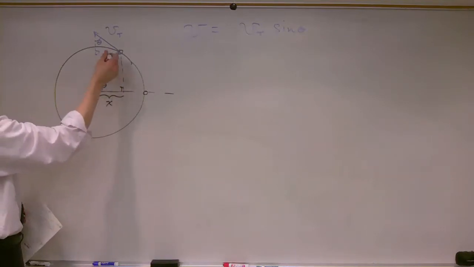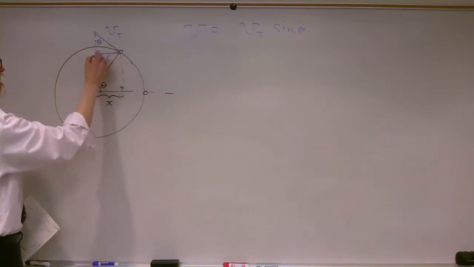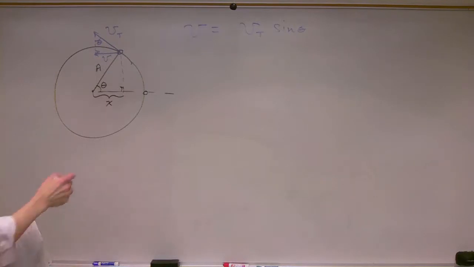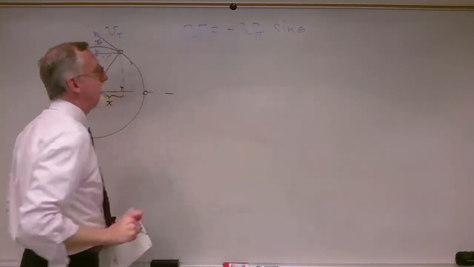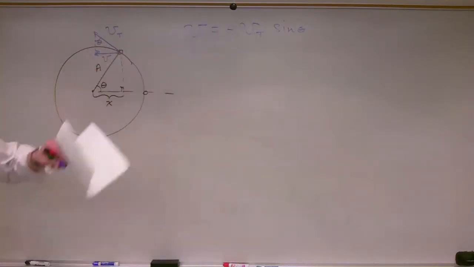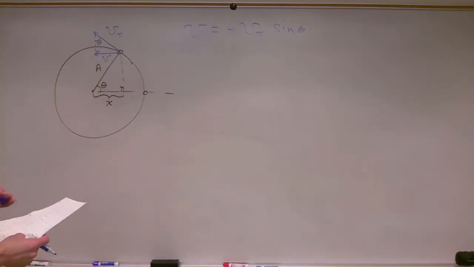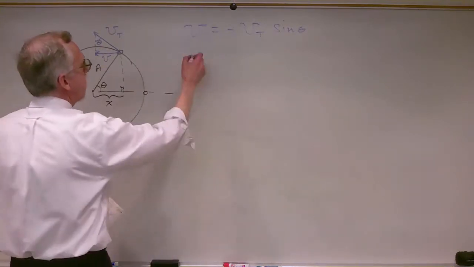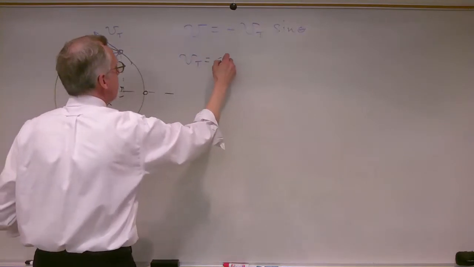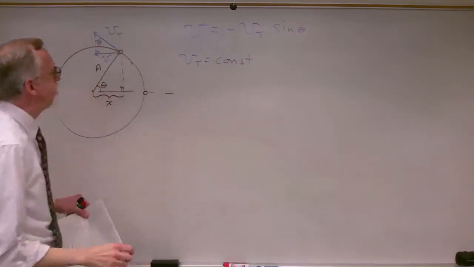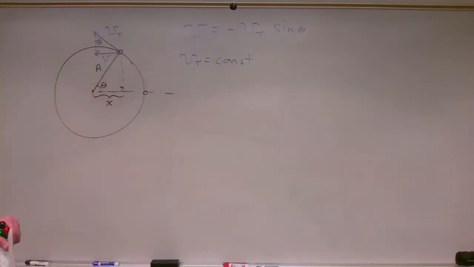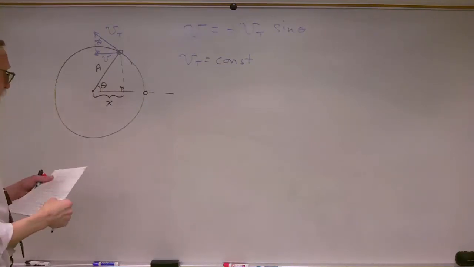But let's notice that in this position, the velocity is actually going to be in the negative direction. So we actually have to put in a minus sign here so that the velocity actually has a negative value. Well, let's keep in mind Vt is constant. The magnitude of the tangential velocity is constant.